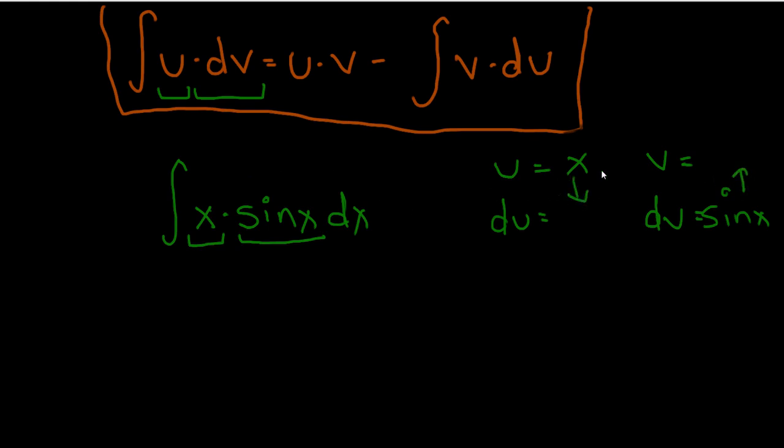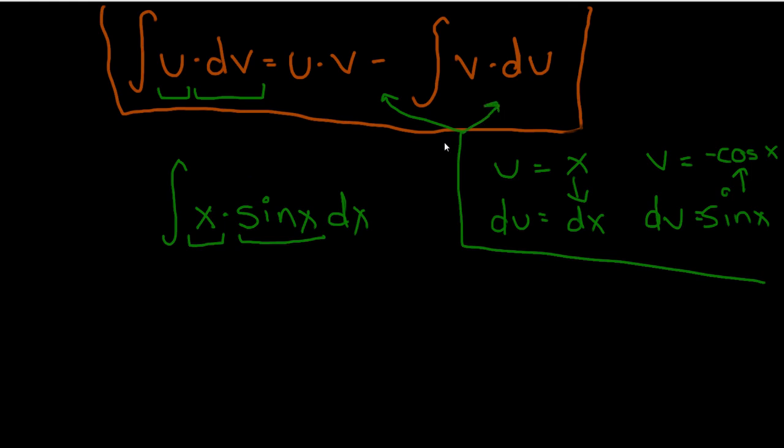Du, that's just the derivative of x, we can say is dx. V, we just integrate sine of x and we get negative cosine of x. And now we just use this information and plug it into all this.